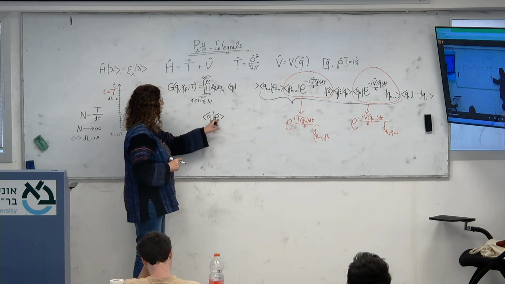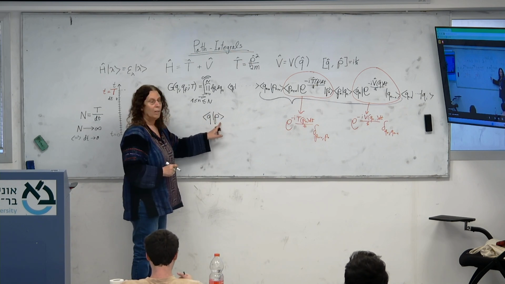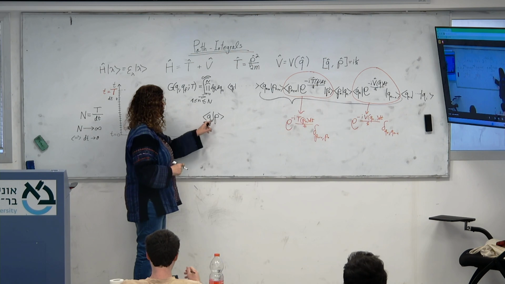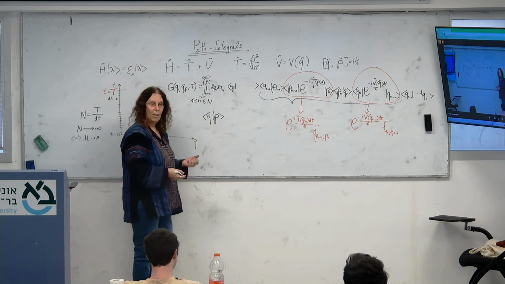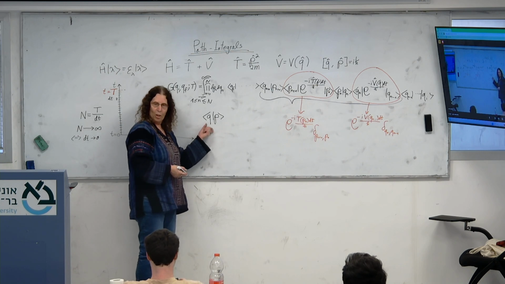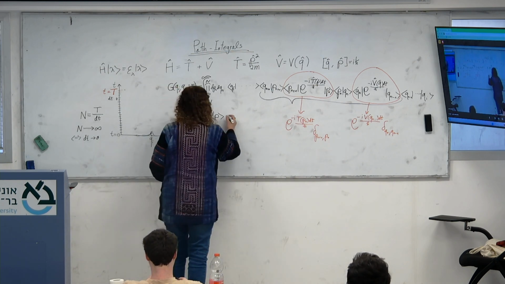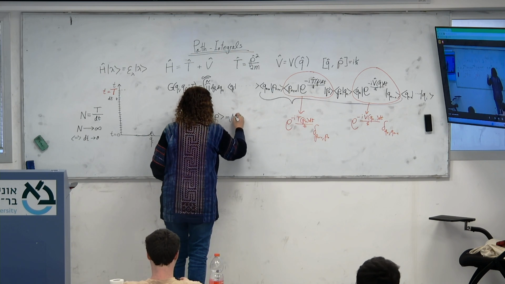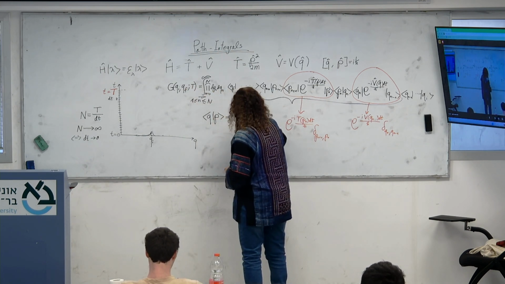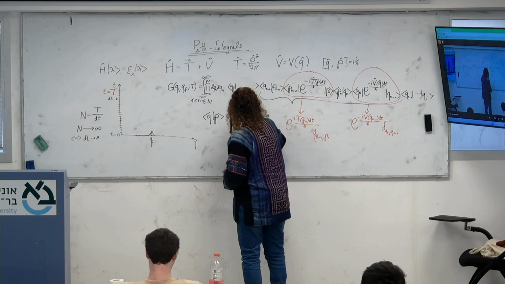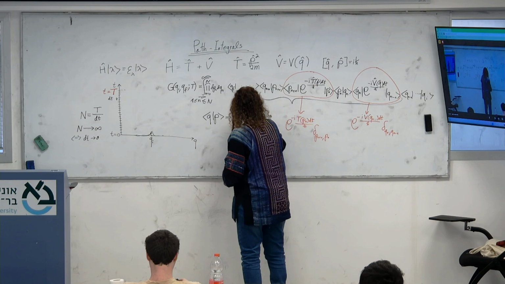It's a projection of a state with well-defined P, namely a free particle, onto a state at coordinate Q. So this is nothing but the coordinate representation of the free particle wave function. And we know that it's some normalization factor times e to the i p q over h bar.